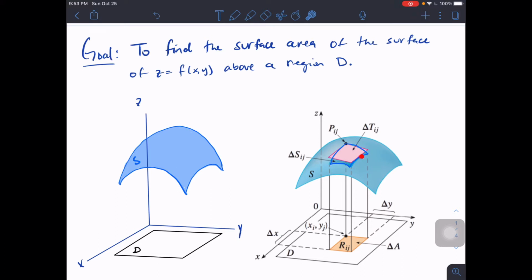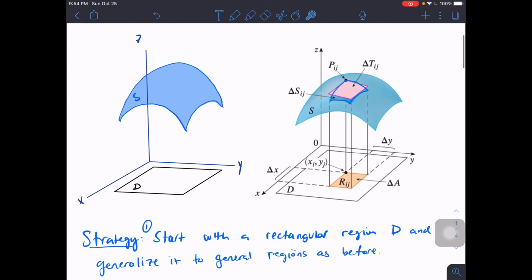So these little small surface areas, delta Sij, corresponding to the point xi, yj, we're going to find the surface area of these little small ones, and then add those up to approximate the total surface area that we want. But now, how exactly do we find this small surface area here, delta Sij?